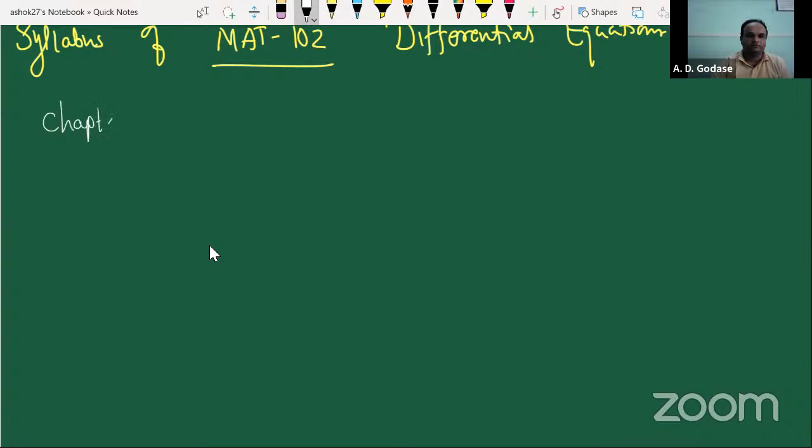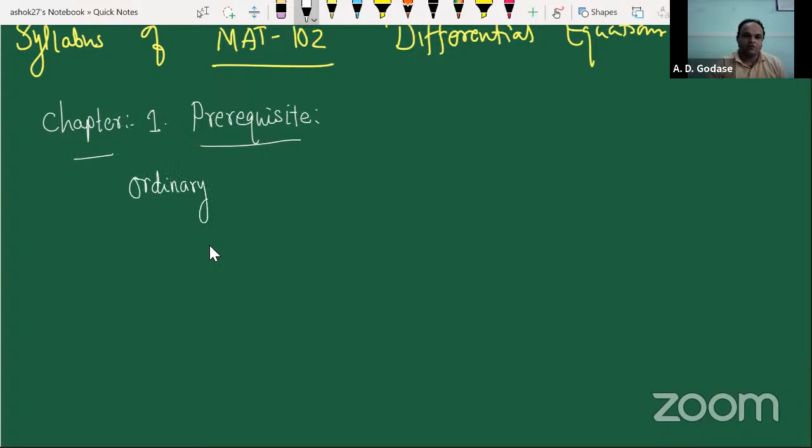So chapter 1, as usual, is the prerequisite. Prerequisite means this is an introductory chapter. In the first chapter, you will see ordinary and partial differential equations, meaning you will see the definition of partial differential equation and ordinary differential equation.